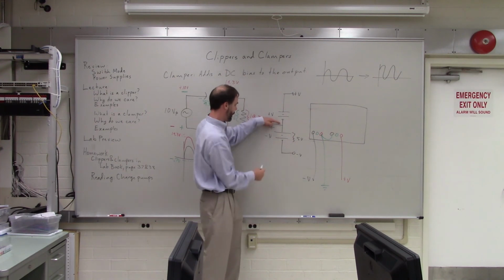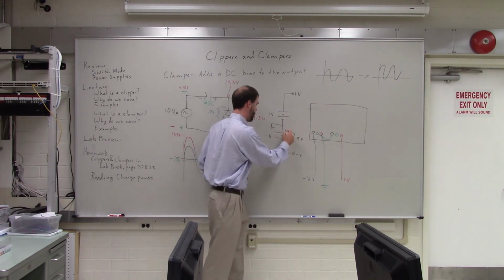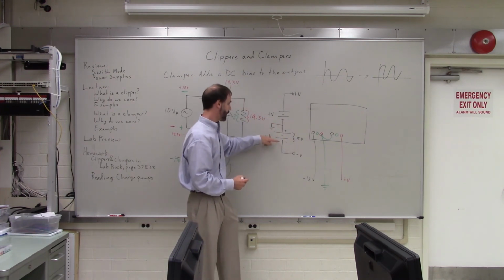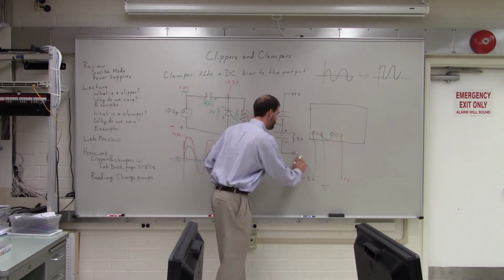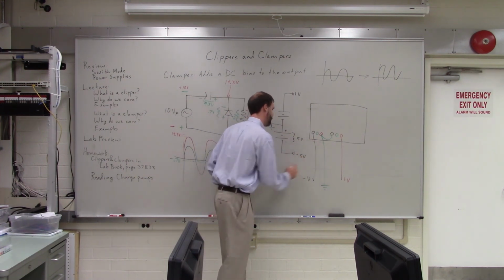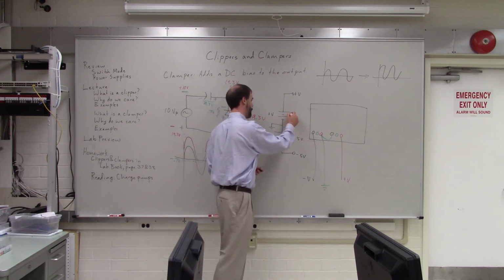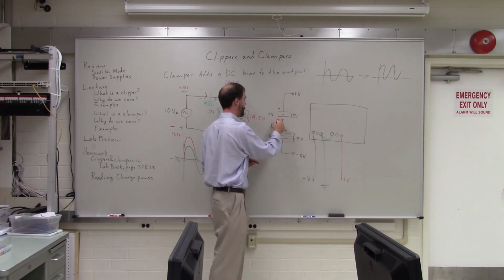Right, so if you call this 0, this is the positive side of the supply and negative. So you call this point 0, then you go down by 5 volts, you end up with minus 5 volts for your negative supply. Let's say that you set this one to 10 volts. Again, that's positive and negative.